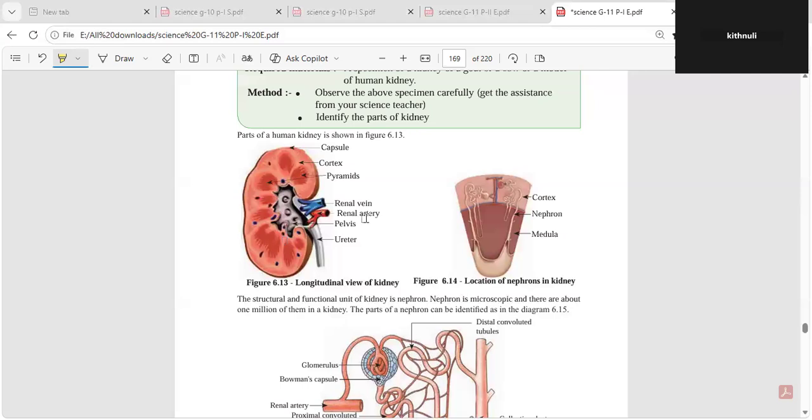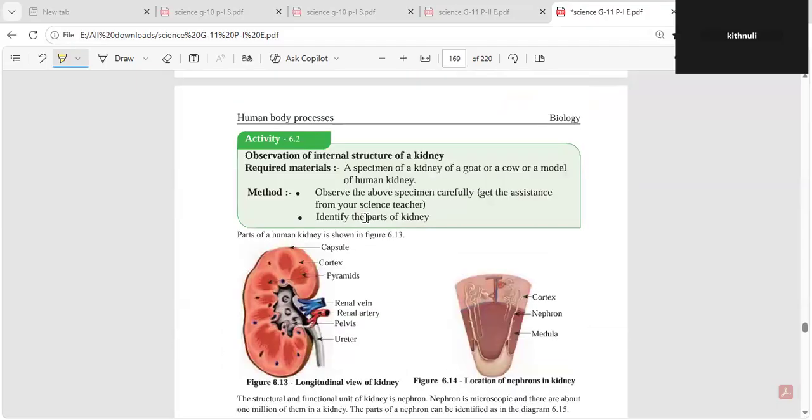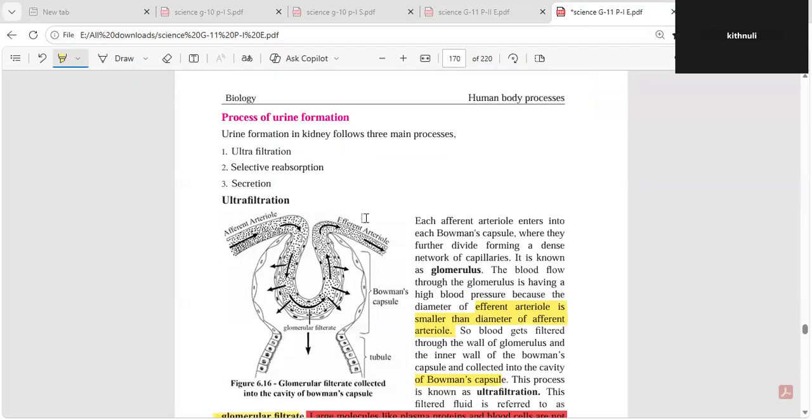After that, it will go through the ureter and to the bladder. Clear? Yes. So urine will be passed out from the bladder at the end. Right. So that's the general process.